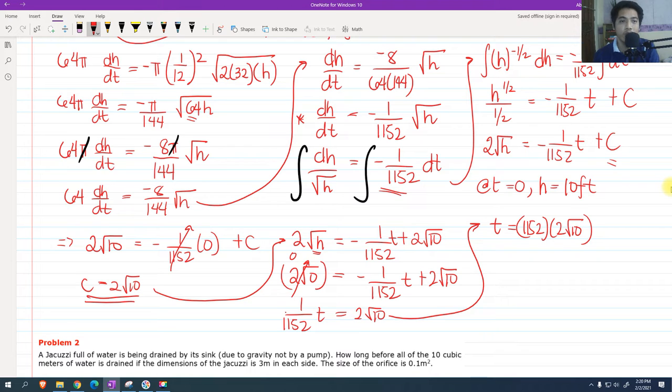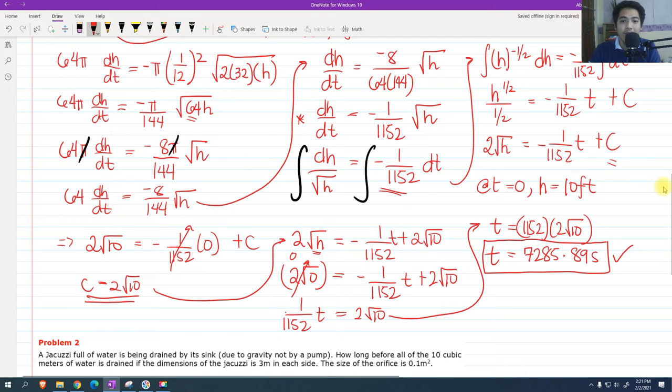Since we use 32 feet per second and all of the units are in terms of feet, then definitely the time that we will get here is in terms of seconds, and that is 7285.89 seconds. So that is the amount of time it will take for that cylinder to drain its water having an orifice of radius 1 inch.